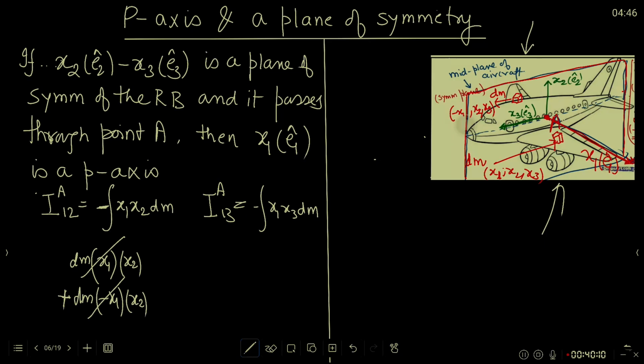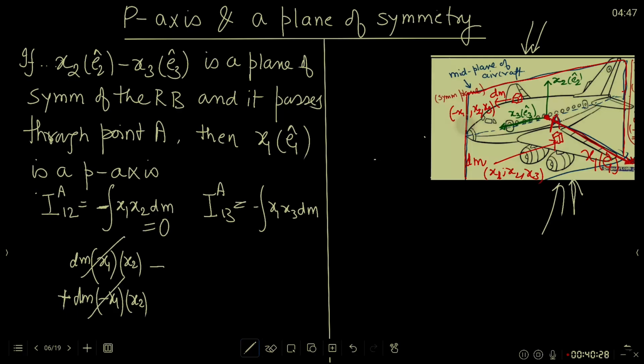These two will cancel. And this will happen for every dm that you choose on this side. There is a counterbalancing dm on the other side. That's what the plane of symmetry means. And eventually this will become 0.